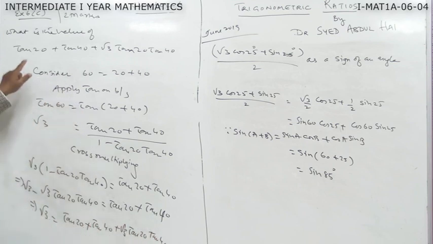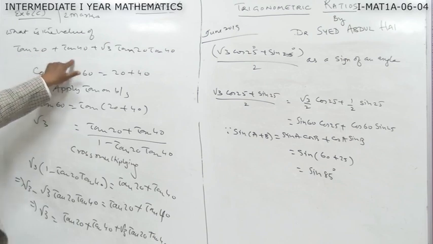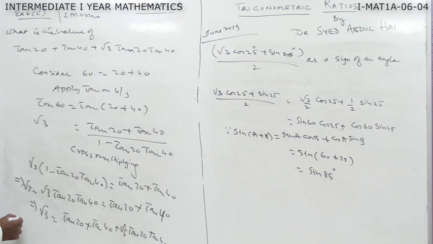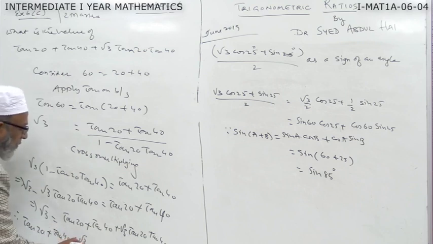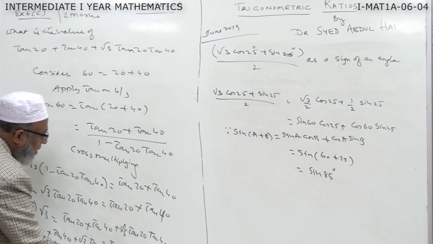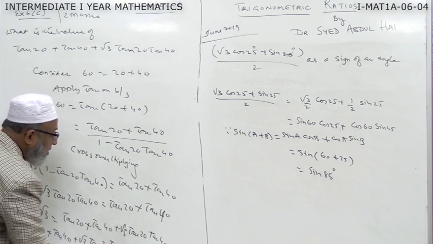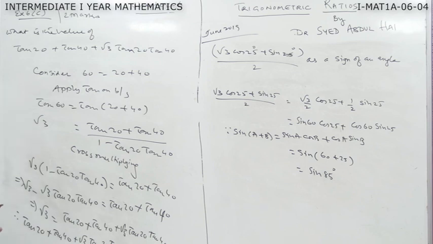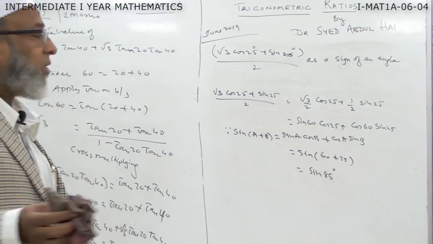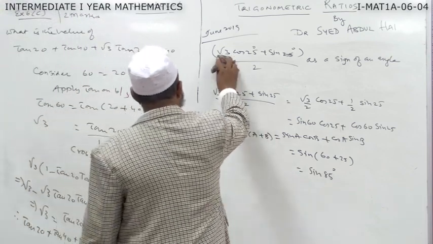Therefore, the value of tan 20 plus tan 40 plus root 3 tan 20 tan 40 is root 3. Is it clear? So this is also a very important and conceptual question. This may be asked in the MHT-CET exams also.